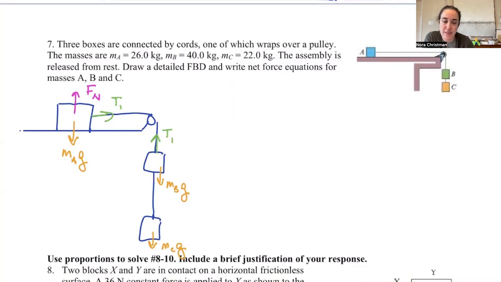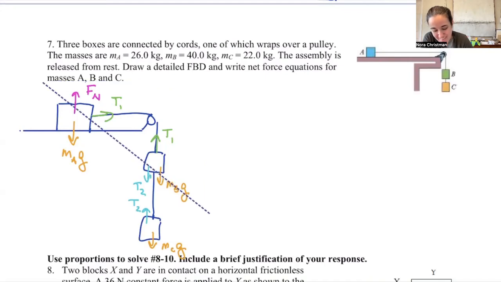And so I'll call the tension in the top string T1 and the tension in the bottom string T2. Now this system is accelerating downward, and so our axis basically goes like this.